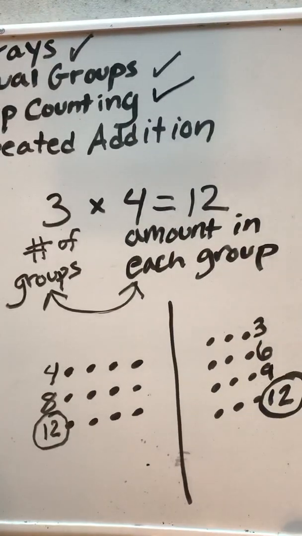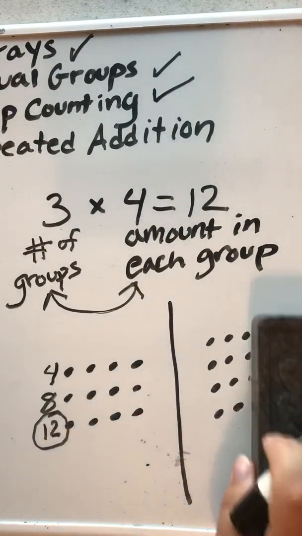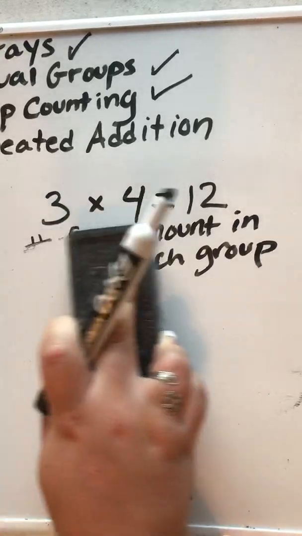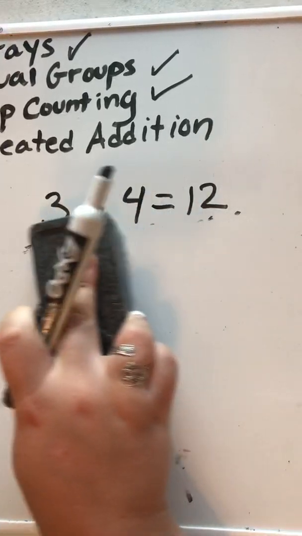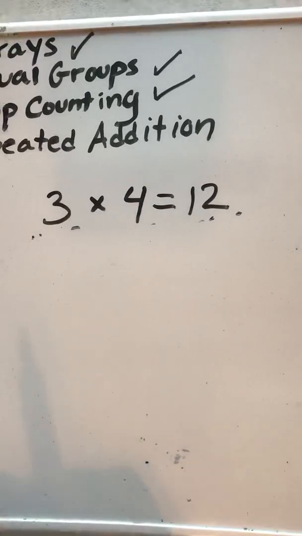Now the final way you can think about multiplication is very similar to skip counting, and what you'll be doing is repeated addition.